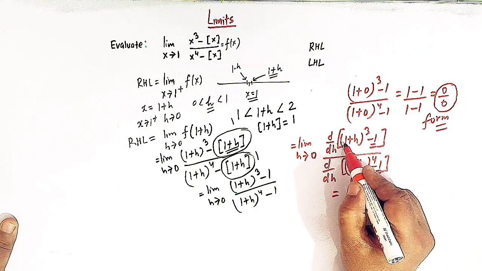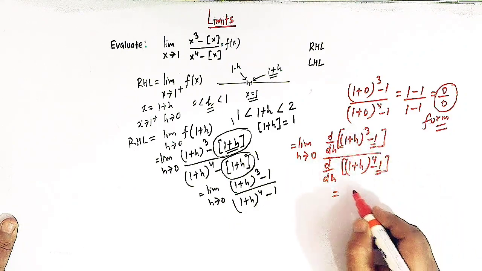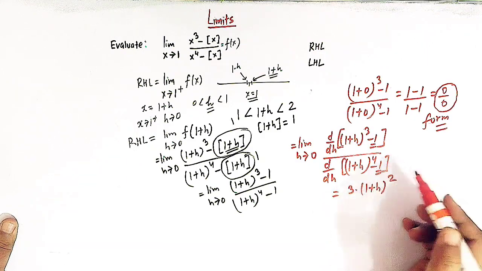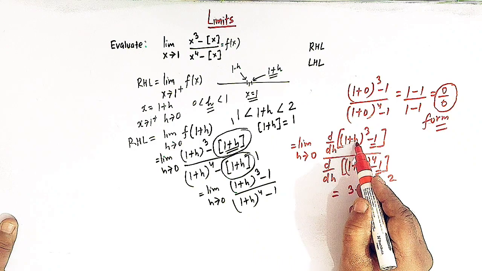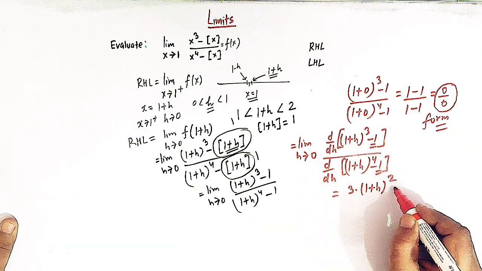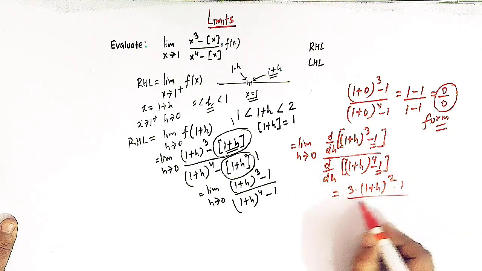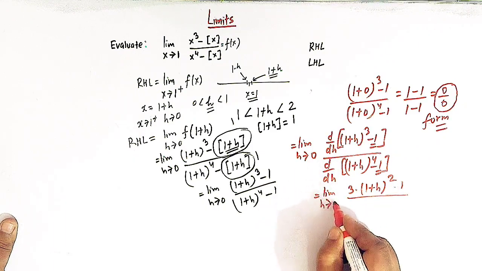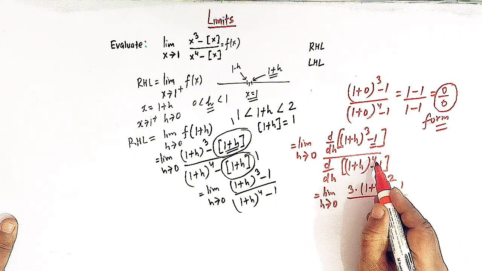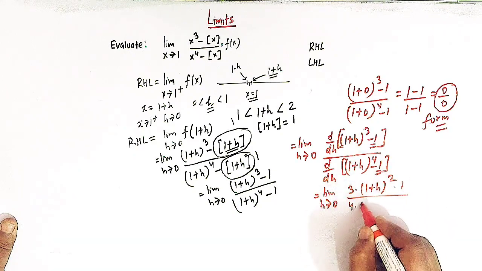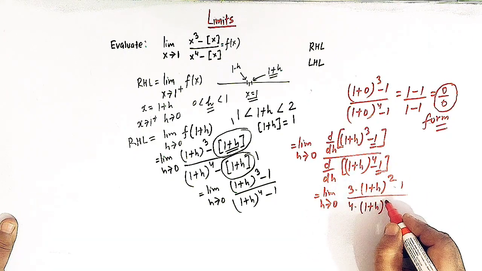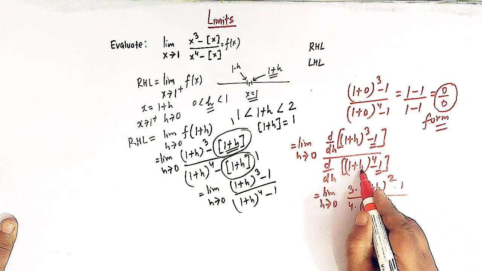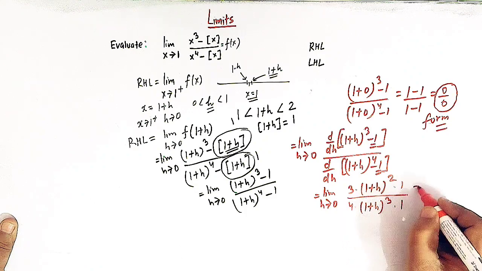So the derivative of (1 plus h) cube is given by 3 times (1 plus h) square, and by chain rule the derivative of 1 plus h is simply 1. And here we have the limit notation, and the derivative of (1 plus h) raised to 4 is 4 times (1 plus h) cube, and here by chain rule the derivative of 1 plus h is 1, right?